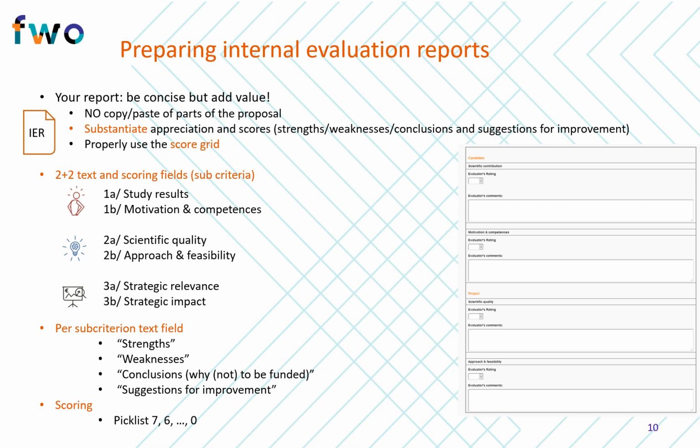For the specific interdisciplinary panel, there's a separate instructional video that you can consult. For each subcriterion, you should enter in the text box the main strengths and weaknesses, followed by the main conclusions regarding this criterion and any suggestions for improvement. You should then assign a score that aligns with your written assessment as well as with the descriptors in the scoring grid.